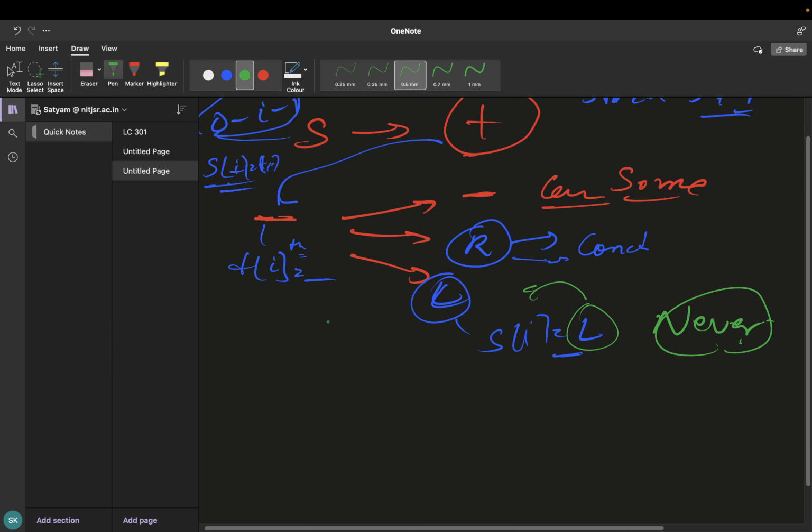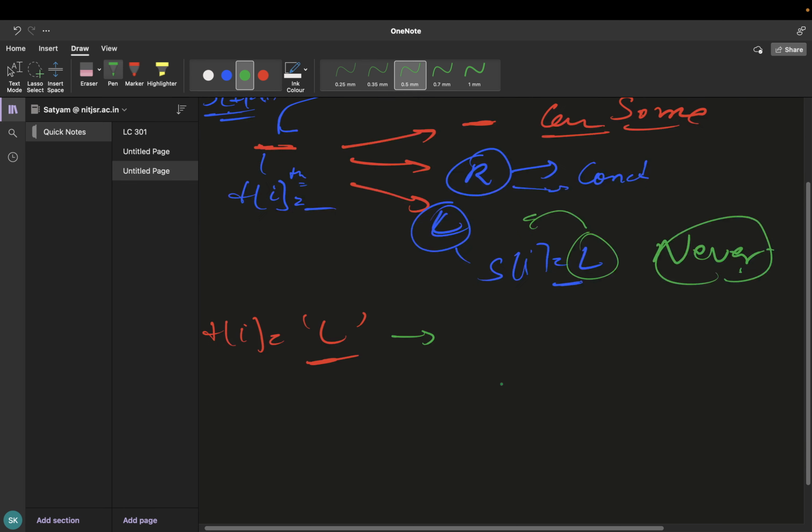Also, let's take the case where T of I equals L this time. So we require L. The false case exists if we have in our stack the stored count of R. If our stack of R is not equal to 0, then again this is going to be false because it does not form a subsequence, because R is already present on our backside.